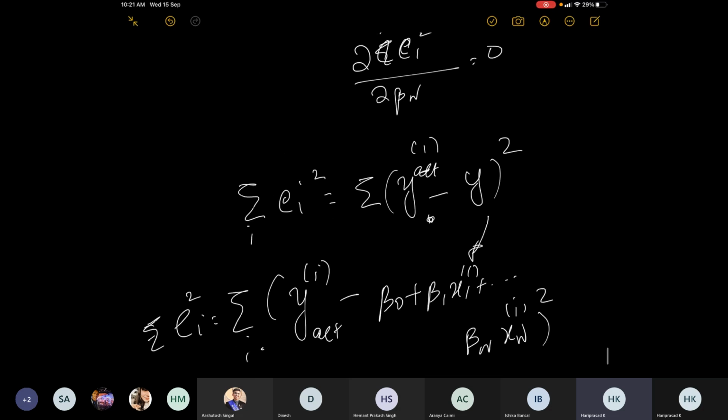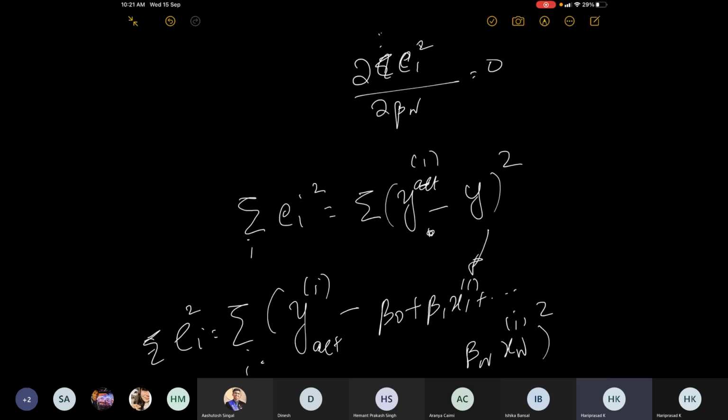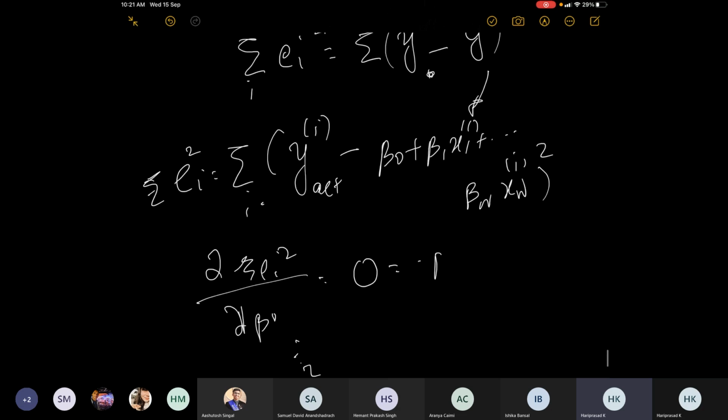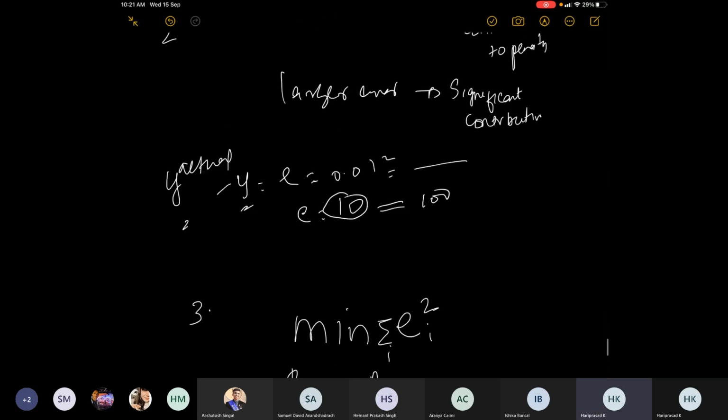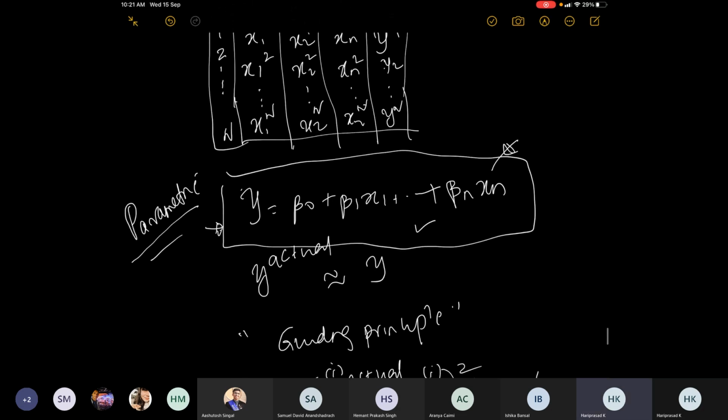We have used n for the total number of data points, but we have written n here for the total number of parameters. Instead of n, we'll keep it m, just to keep a distinction.